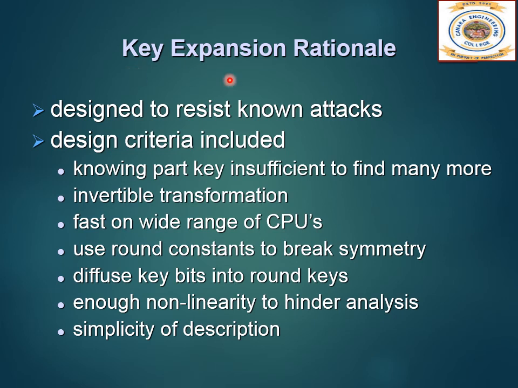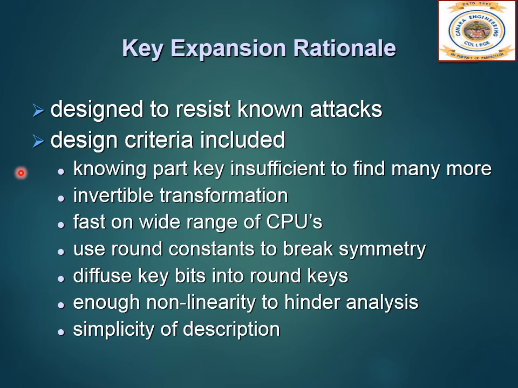Let us see the key expansion rationale. The key expansion algorithm was designed to be resistant to known cryptanalytic attacks. The inclusion of a round constant eliminates the symmetry or similarity between the ways in which round keys are generated in different rounds.